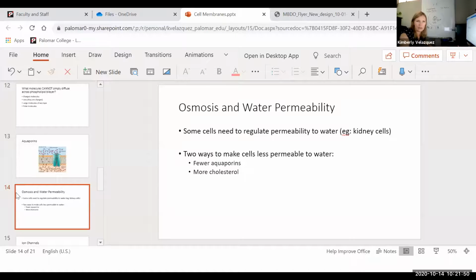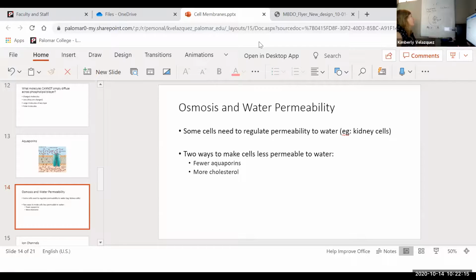So if everyone can vote through the chat for if you think it's hypotonic, hypertonic, or isotonic. And again, you won't be judged on if you get it right or wrong. Okay, only one person has voted so far. Here we go.